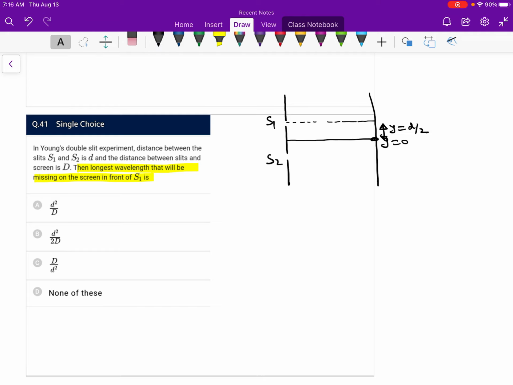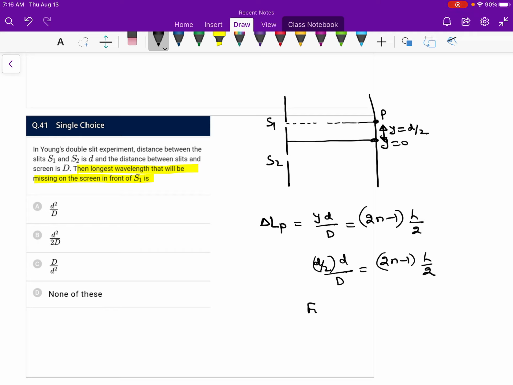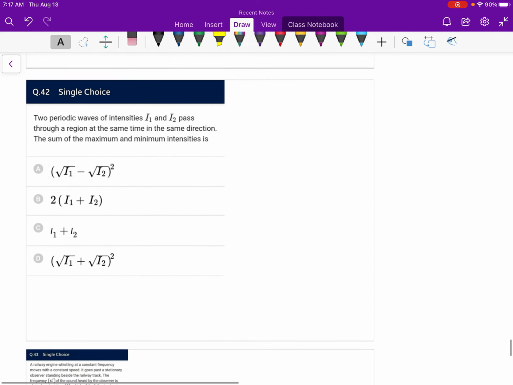So path difference at point P, delta L at point P is y small d by capital D, and for the longest wavelength that will be missing, so missing wavelength means minima, so 2n minus 1 lambda by 2. So d by 2 into small d by capital D is 2n minus 1 lambda by 2. For lambda max, 2n minus 1 should be 1, so lambda is d square by capital D. So A option is correct.